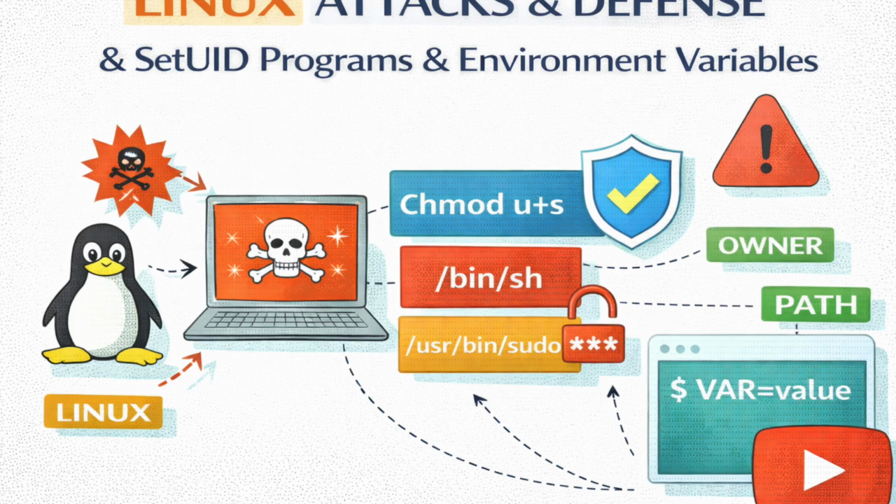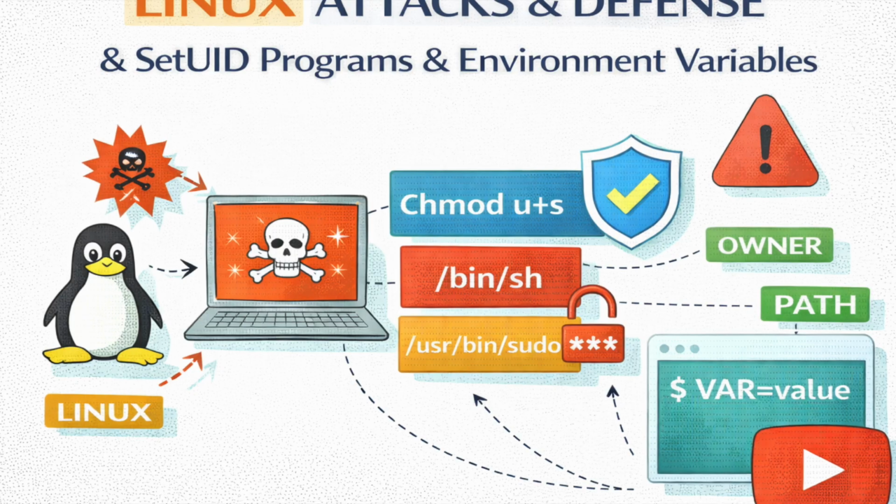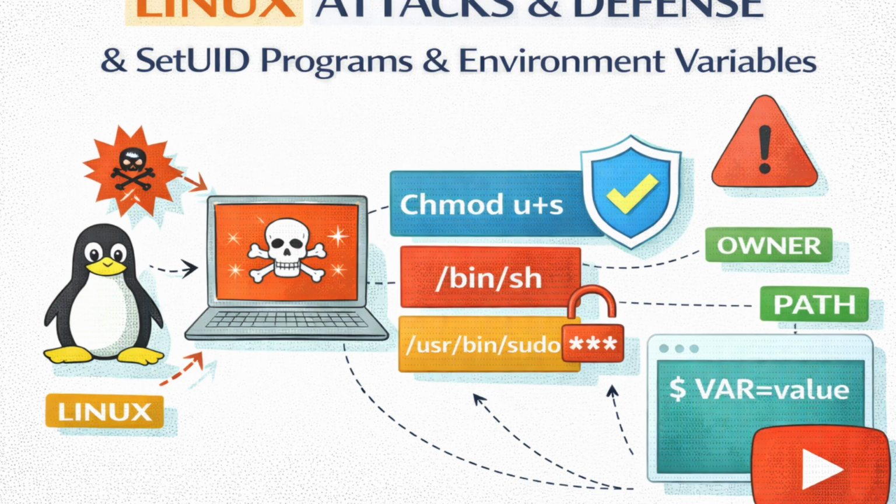If a malicious user can set those, they can essentially hijack the whole linkage process. An attacker can set LD_PRELOAD to point to their own malicious library. So when the legitimate program launches, it might be forced to load the attacker's code before the real system libraries. This lets the attacker intercept function calls, modify them, or just execute their own arbitrary code.